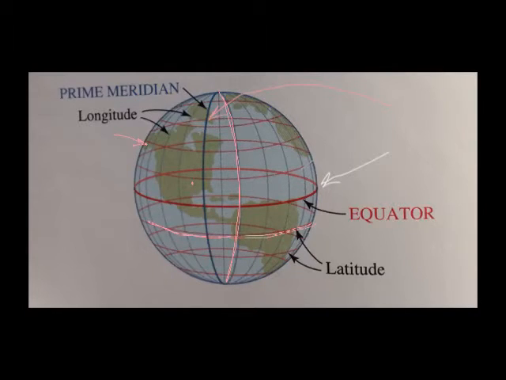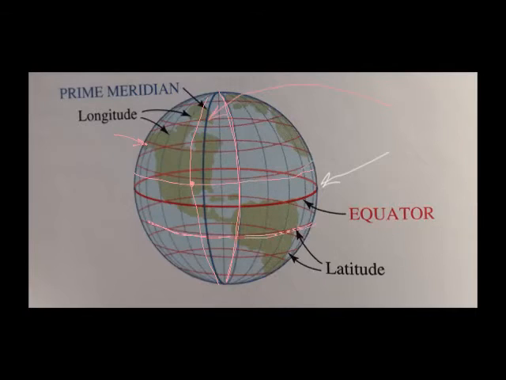So if you are right here, you can find out your longitudinal line and your latitudinal line, and determine where you are right there. Whenever you're using a GPS and it gives you lat and long, that is telling you exactly where you are based on these lines.